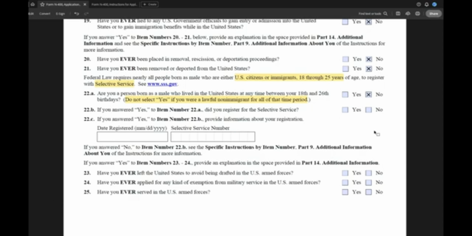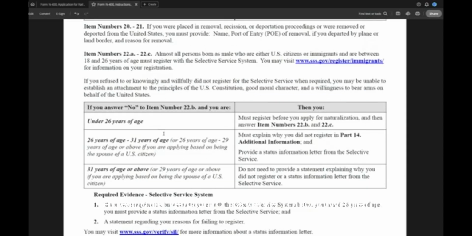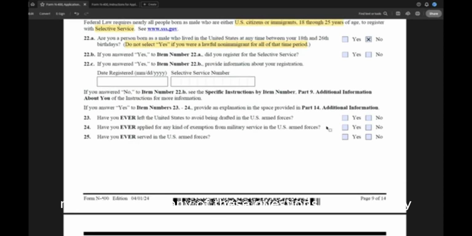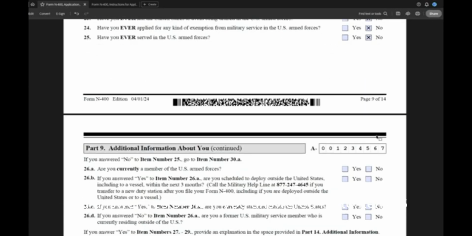And if you didn't register, if you, for example, answered no, then you're going to have to follow the form instructions. But if you registered, you do not need to provide any additional evidence, just the date of registration and your selective service number. Moving on, read any of these questions very carefully and answer yes or no.